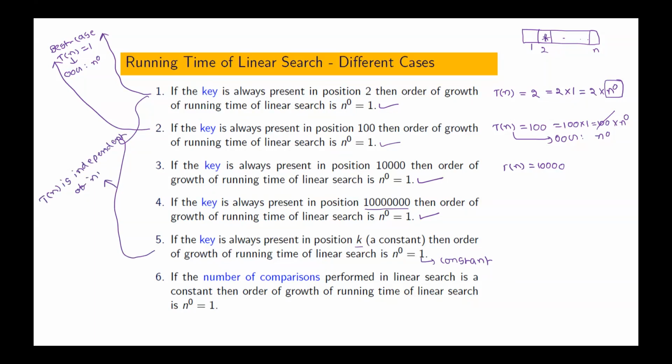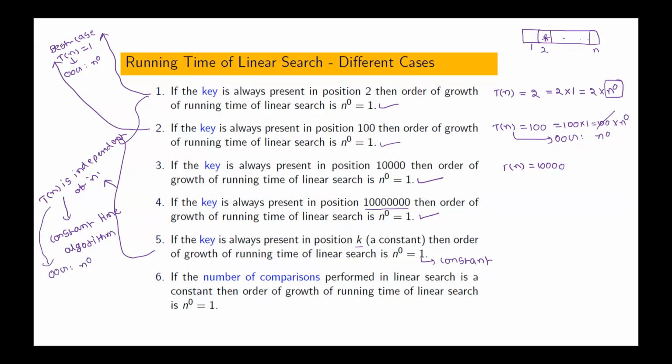So when an algorithm's running time, or the number of operations performed in an algorithm, is independent of input size, then we say that it is a constant time algorithm. In that case, what is its order of growth? N power 0, which is nothing but constant.